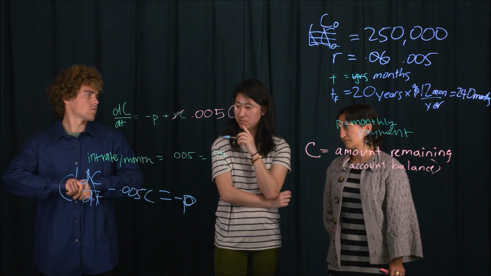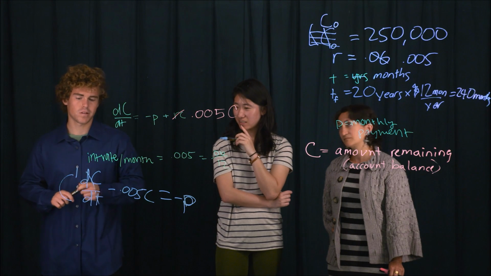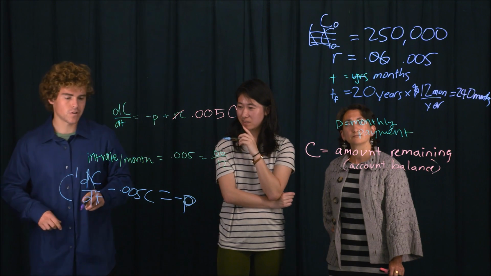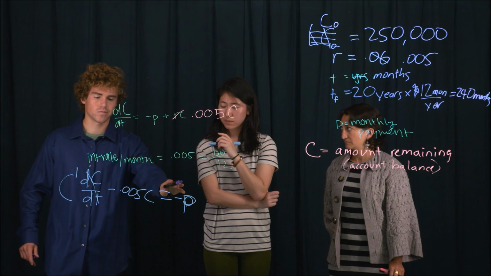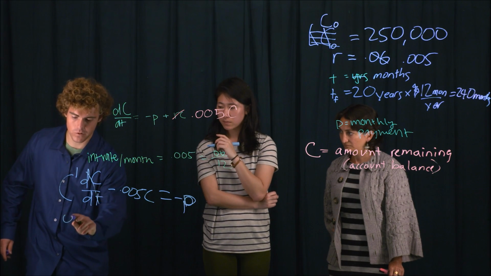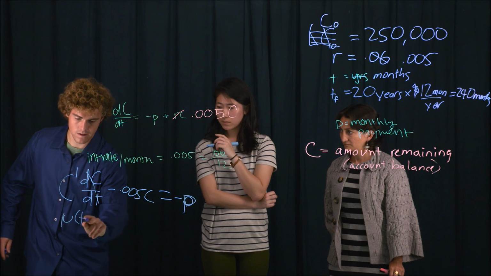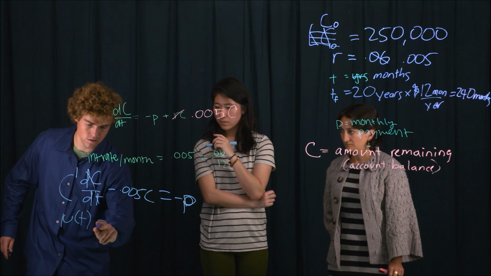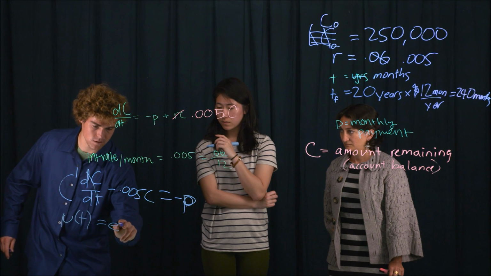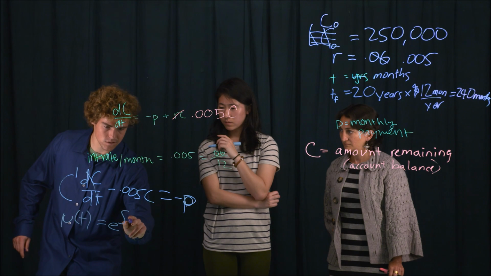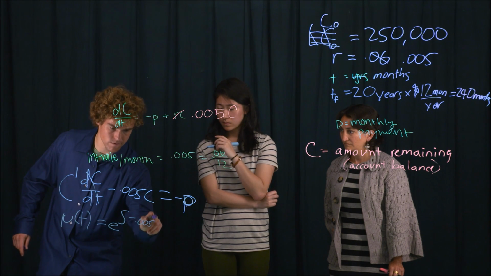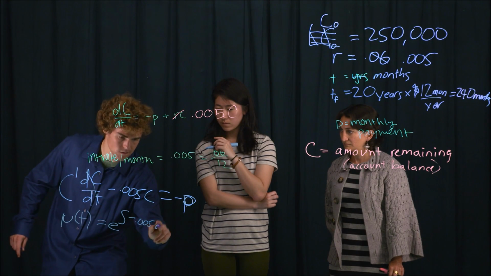Right, from here you'd multiply by a common factor, which we'll call mu of t. And that will be equal to e to the integral of this guy right here, which is negative 0.005 dt.